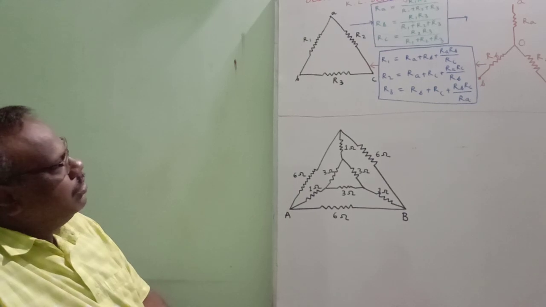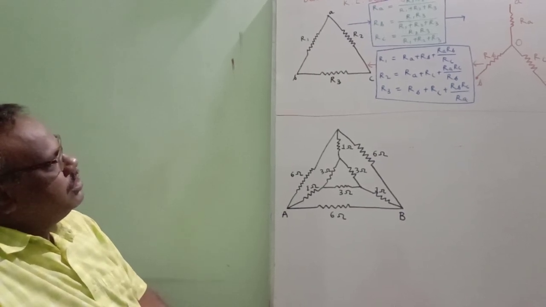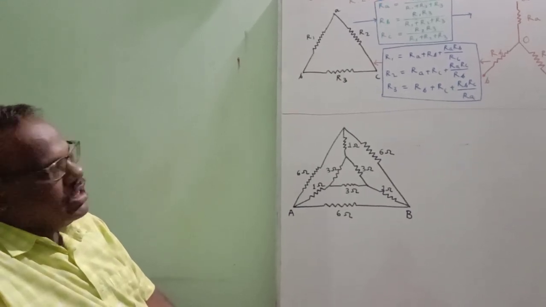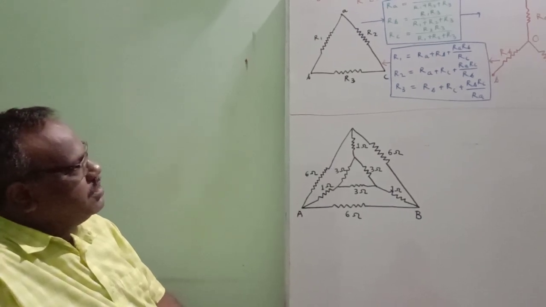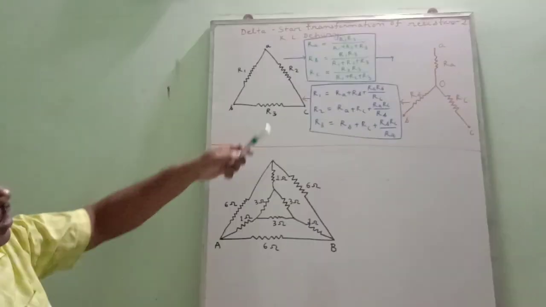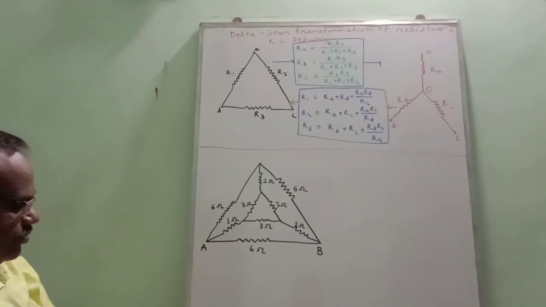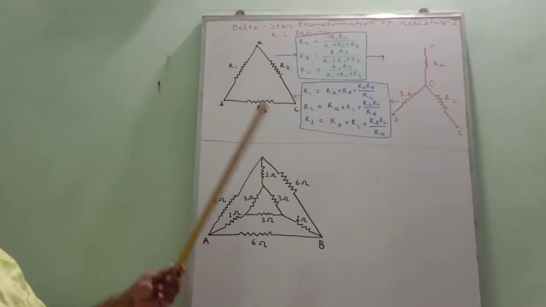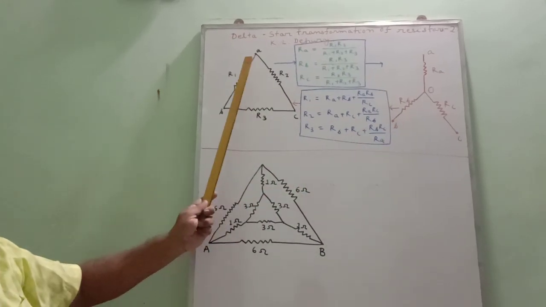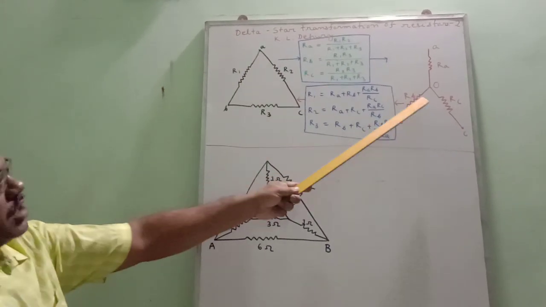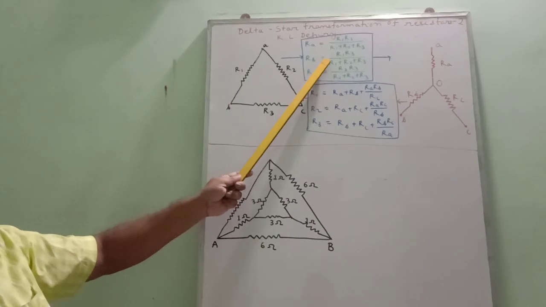In the last volume, we have seen how you can derive the delta and star transformation. I have written the summary here. If the delta is this, this is the star. If you change star to delta, this is the transformation equation.